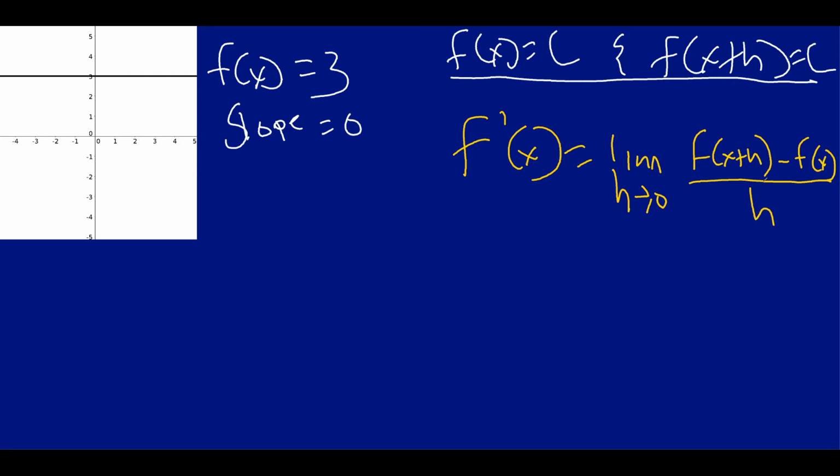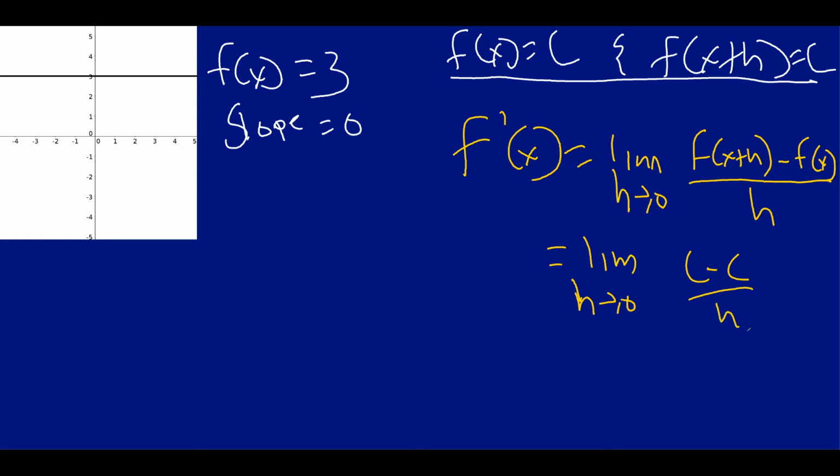Now, if we plug in our information where f of x plus h equals c and f of x equals c, we end up with the limit of h approaching 0 of c minus c over h.